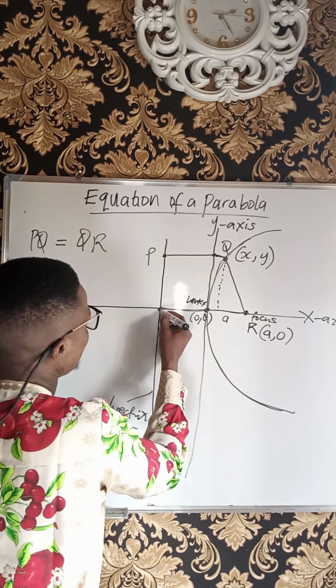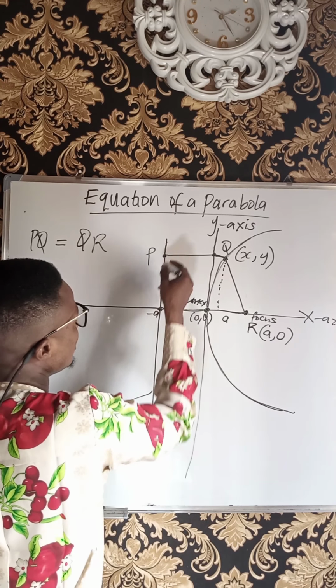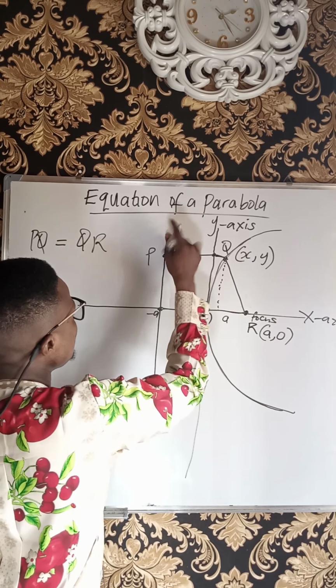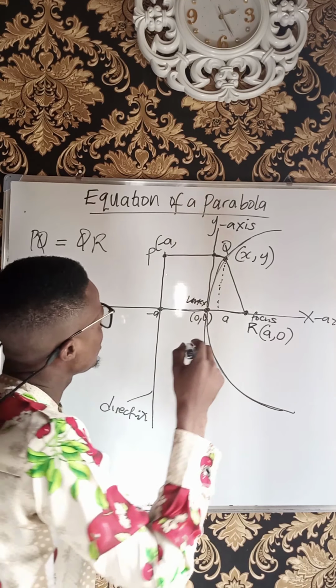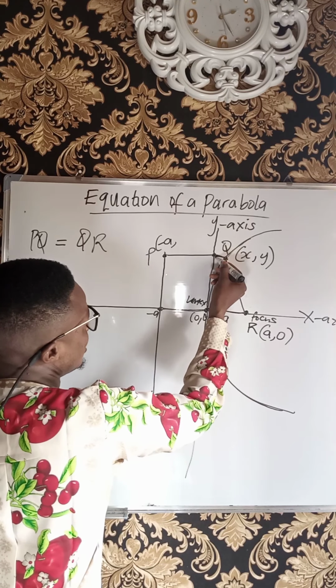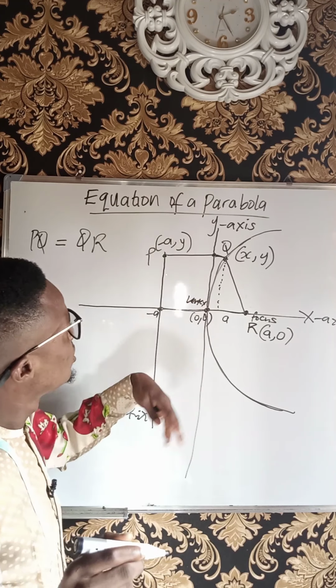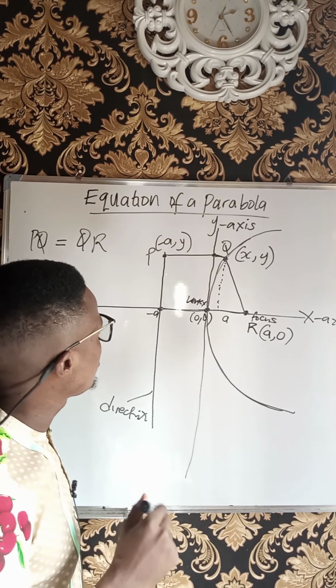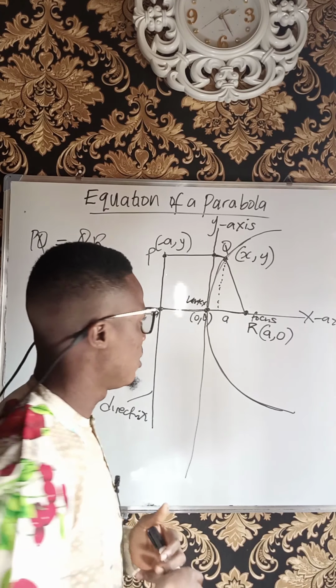So the coordinate of P will now be (-A, y). I don't know the value of y, so I'll call it y also. So these coordinates are known. From these coordinates, let us now try to derive the equation of this parabola.